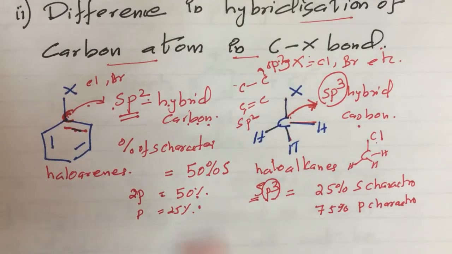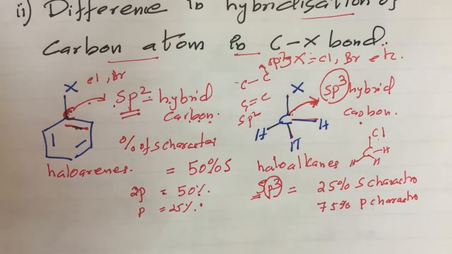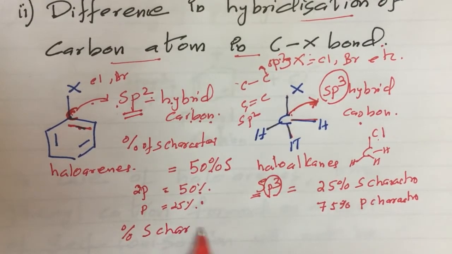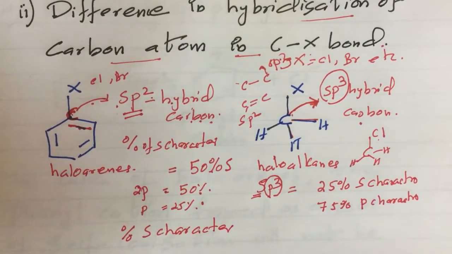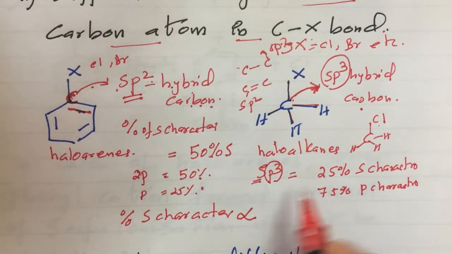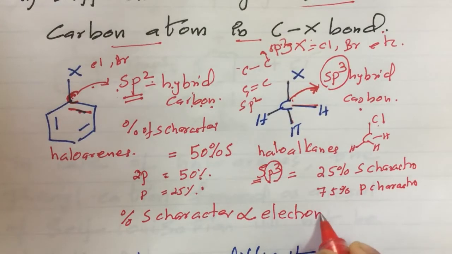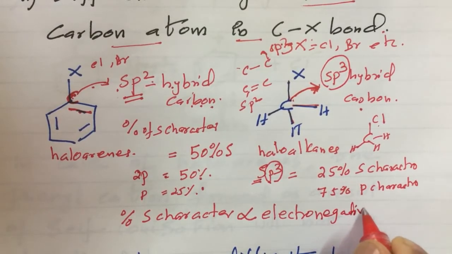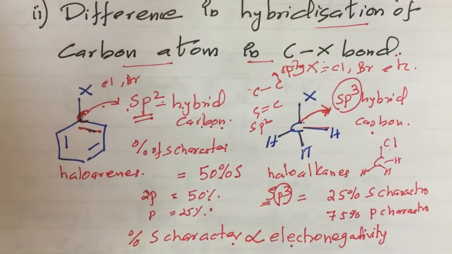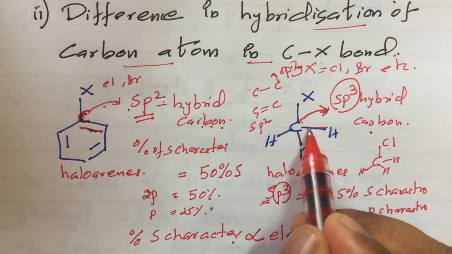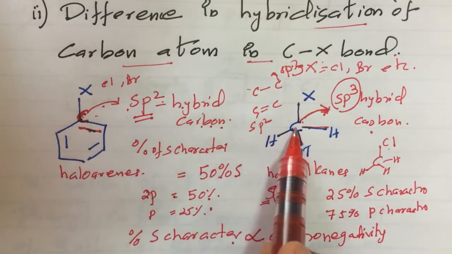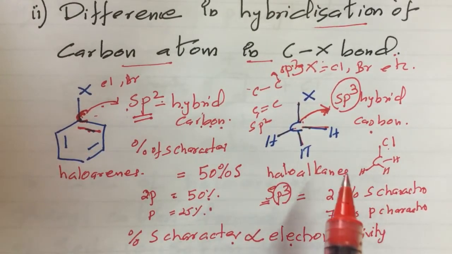Now listen, class 11th you learned that percentage of S character, and this point is very important, is directly proportional to the electronegativity of that element. Okay, so out of these two carbon, which carbon is more electronegative?